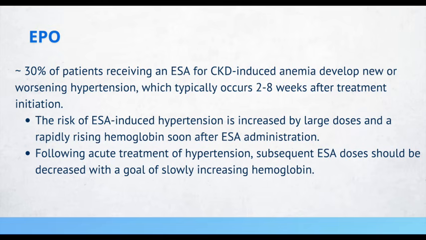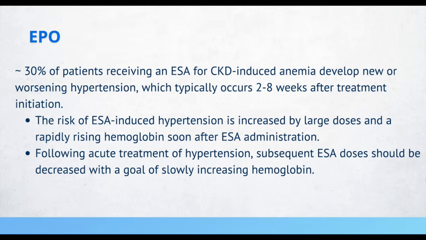And the hypertension typically presents 2 to 8 weeks after starting the EPO agent. So the risk of hypertension in these patients is increased by large doses and a rapidly rising hemoglobin. Once you treat this hypertension, you need to make sure that the EPO doses afterwards are decreased with a goal of slowly increasing the hemoglobin.